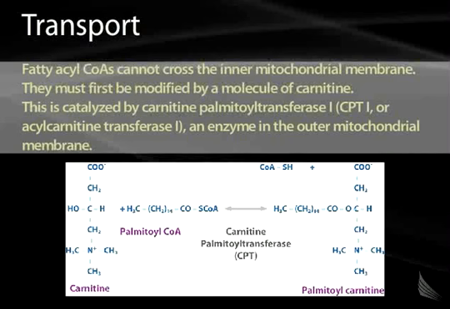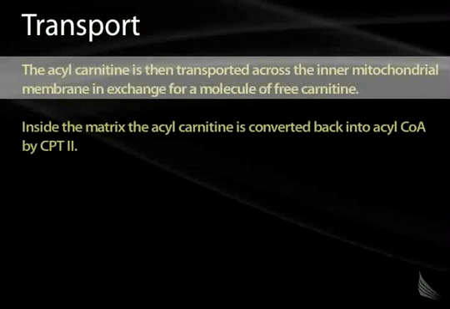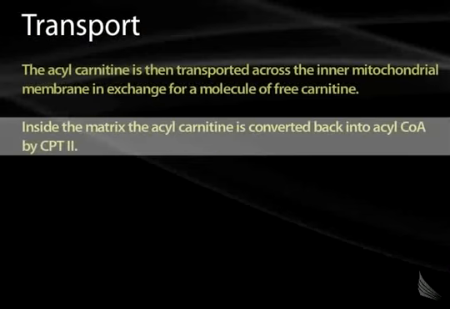Carnitine combines with the fatty acyl-CoAs, in this case palmitoyl-CoA, to form palmitoyl-carnitine, where the palmitic acid is attached covalently to this molecule of carnitine with the loss of CoA. The acyl-carnitine is then transported across the inner mitochondrial membrane in exchange for a molecule of free carnitine. Inside the matrix, the acyl-carnitine is converted back to fatty acyl-CoA by an enzyme known as carnitine palmitoyl transferase 2.